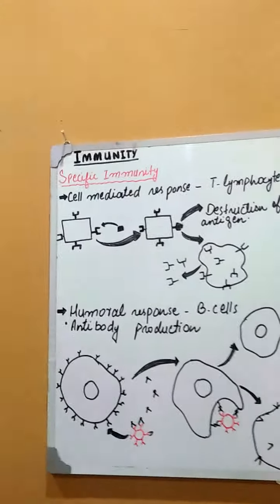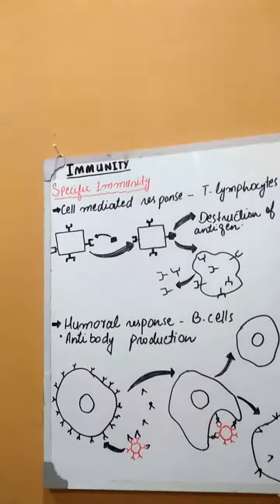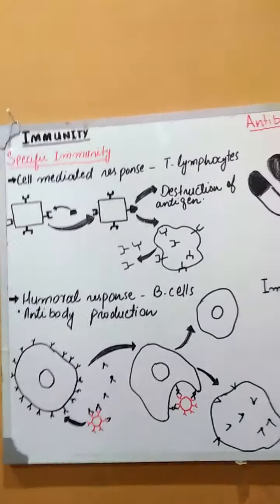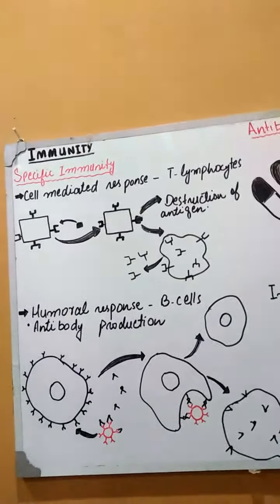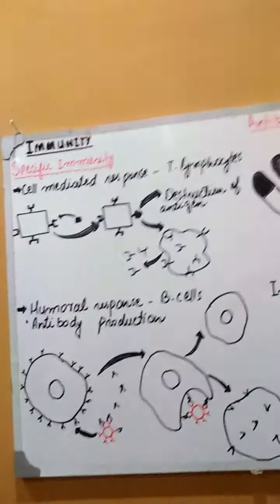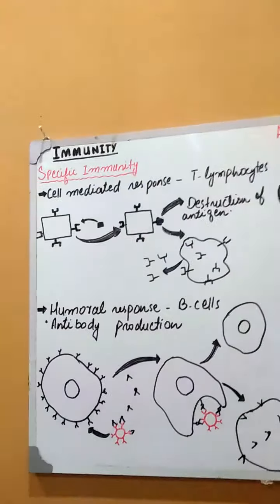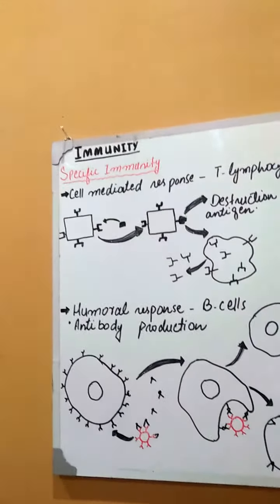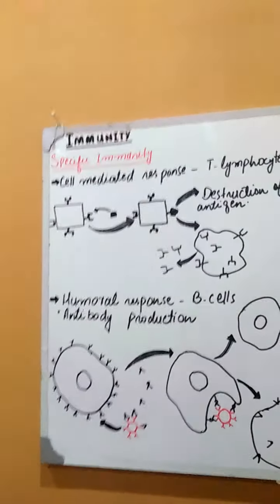Any substance, protein or polysaccharide, which can stimulate the production of antibodies is called an antigen. Antigens are usually foreign or non-self substances, and the antibodies are produced by our immune cells.